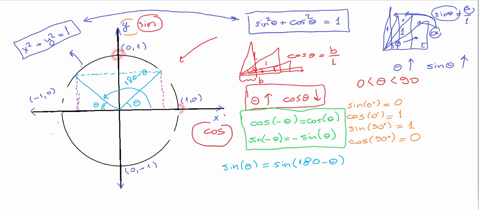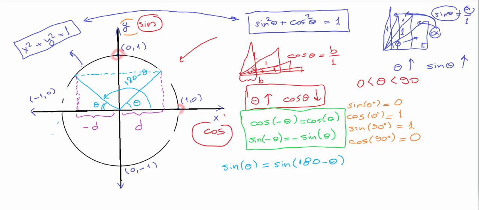But at the same time, if you look at the cosine values of theta and 180 minus theta, you're going to see that their absolute values are equal, which means if this is, let's say, d, this is going to be minus d. I'm just giving random names here. It doesn't matter. You can name them anything. A, B, C, D. Okay, so this is d, this is minus d.